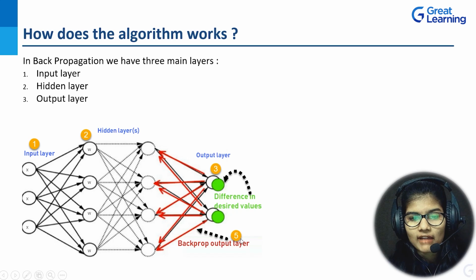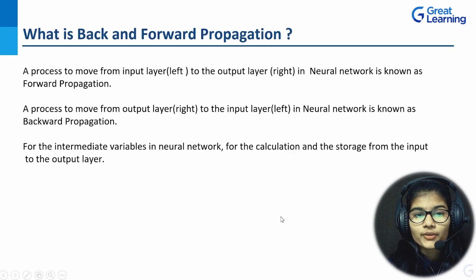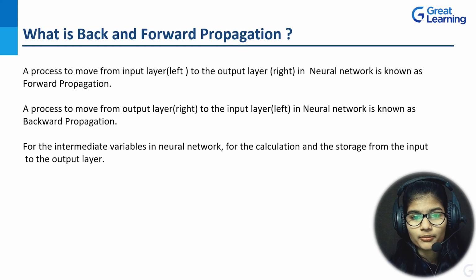So when you move from the input towards the output, from left towards the right, that's your forward propagation in the neural network. And when you move from the right towards the left, that's from your output to the input in the neural network.